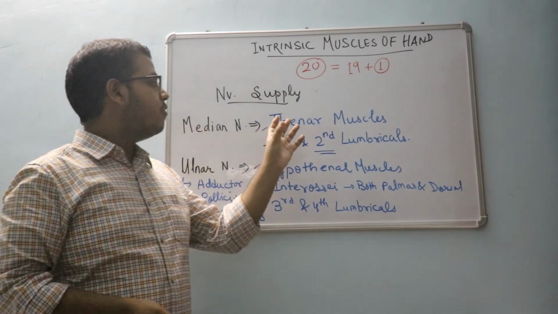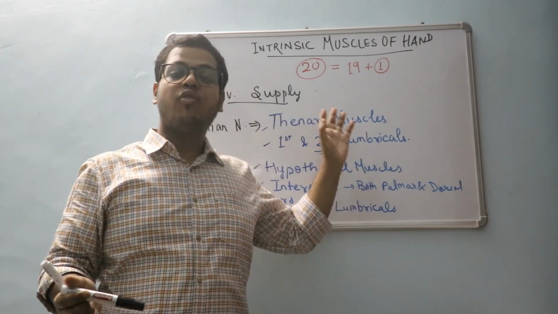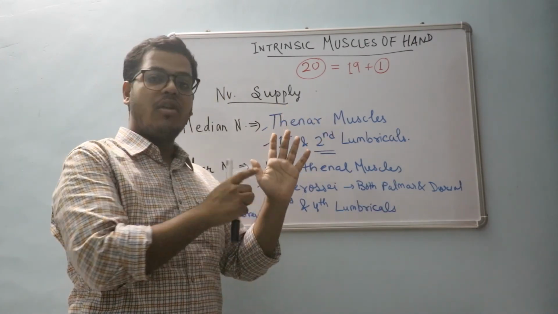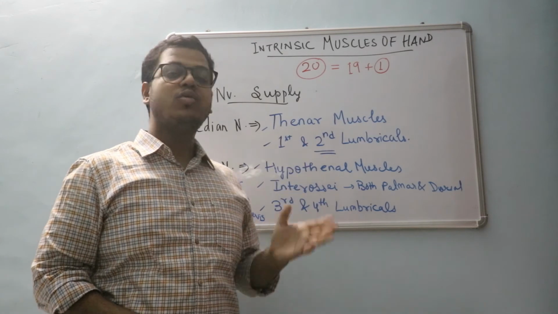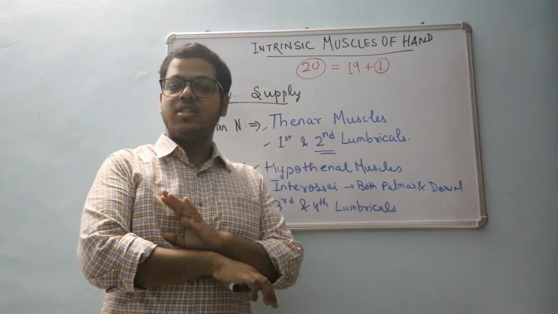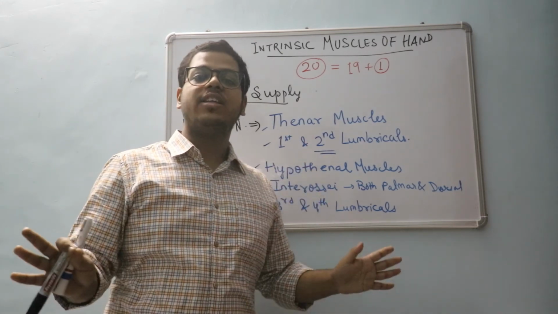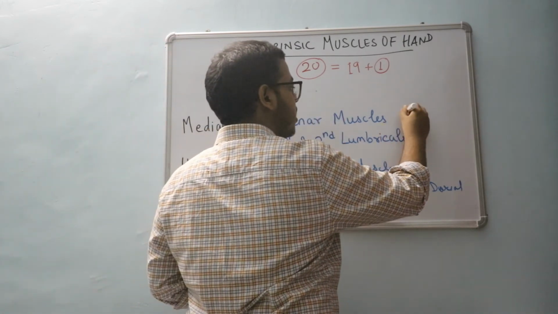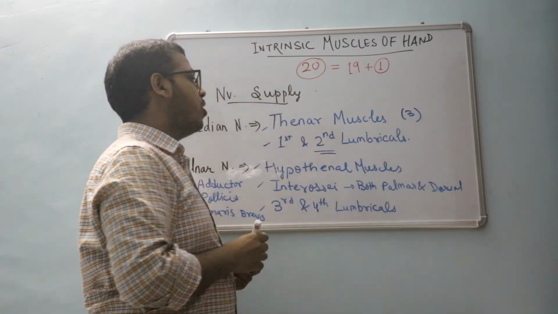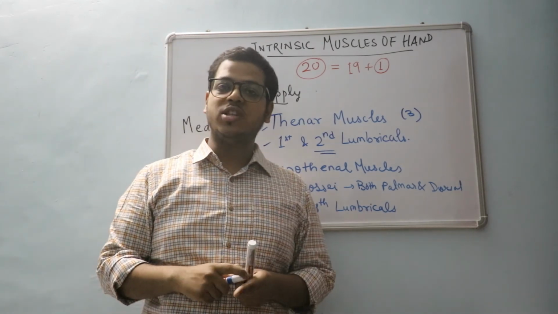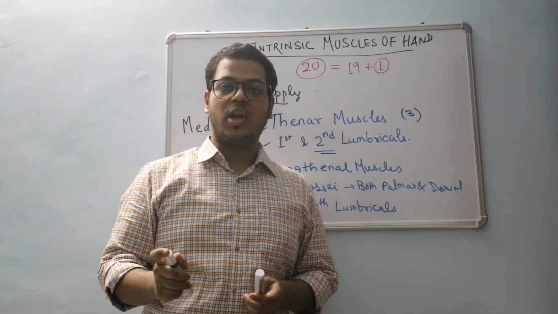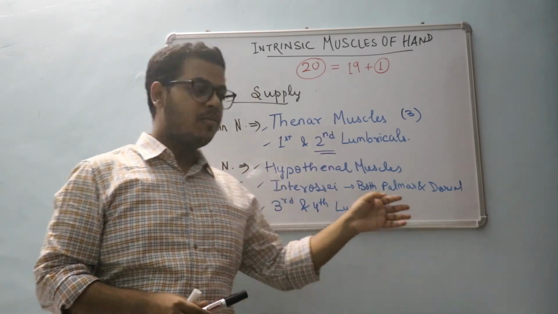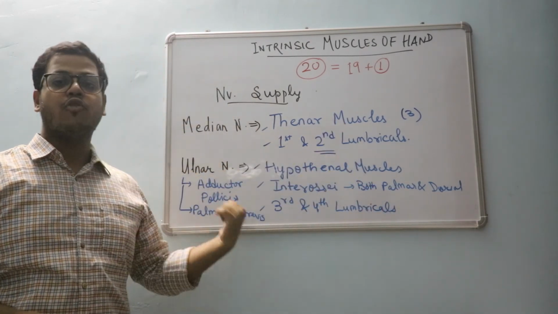But the median nerve, if you remember what is supplied by the median nerve, that is the three thenar muscles, and the first and second lumbricals, then everything is very, very simple. Apart from these five muscles, abductor pollicis brevis, flexor pollicis brevis, and opponens pollicis, and these two lumbricals, all the rest of the 15 muscles will be supplied by the ulnar nerve only.